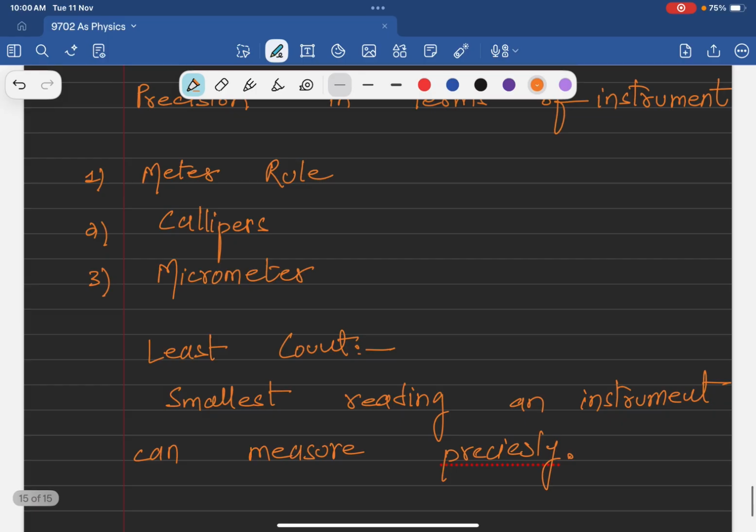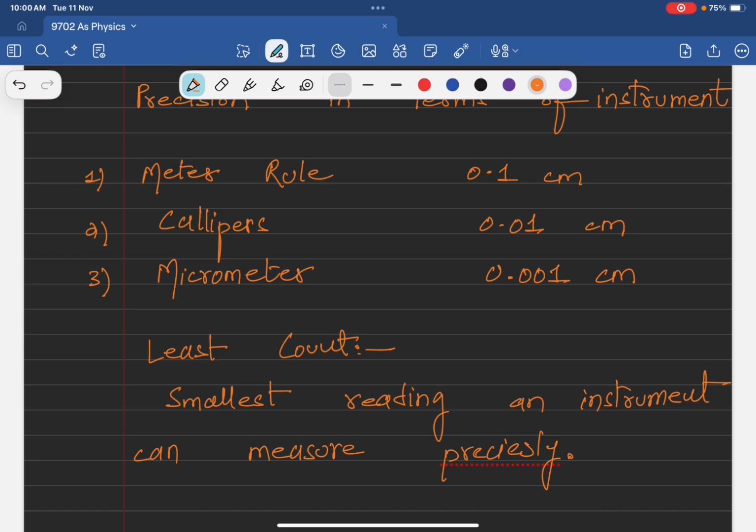So the smallest reading the meter rule can measure is 0.1 cm. The smallest reading vernier calipers can measure is 0.01 centimeter. The smallest reading a micrometer can measure is 0.001 centimeter. So see, we can measure precisely.